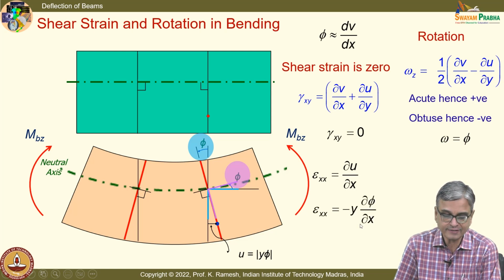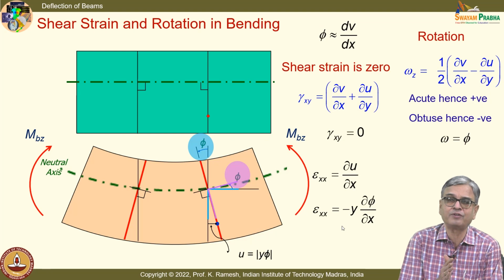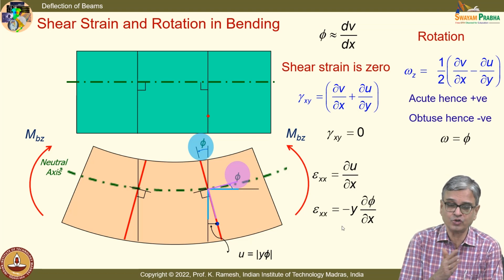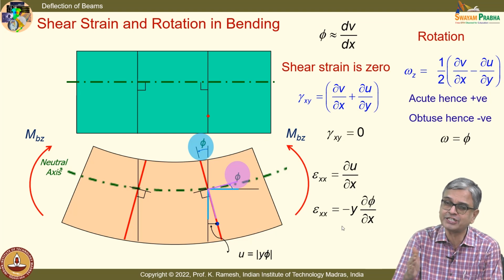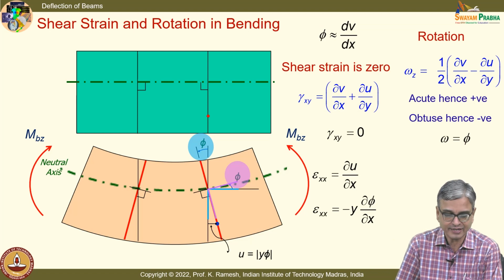So, I get epsilon xx is minus y into dou phi by dou x. What we write is with the sign accommodated. So, it is a smooth transition from what we have learnt as the strain displacement relation to what happens in the case of a beam. And I have already shown, when I showed the beam bent, you saw phi was changing. You can see the rotation was increasing.